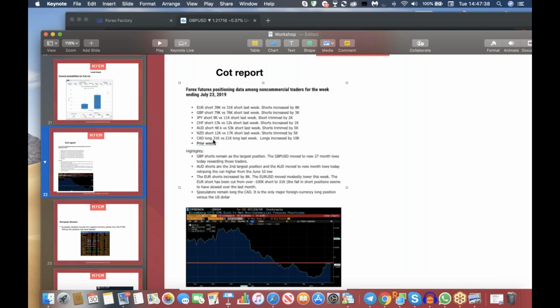Okay, Canadian dollar. The reason is Bank of Canada has been very neutral. They are alone of the major central banks in being neutral, and because they are neutral and alone, that has been bullish for the Canadian dollar.